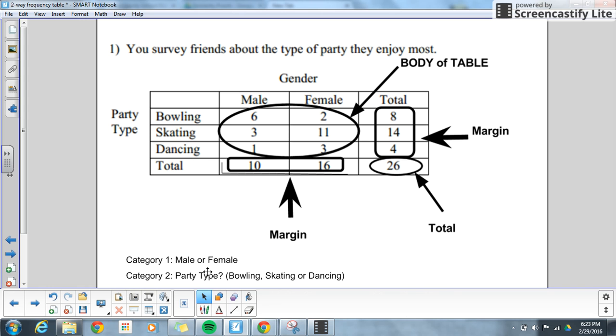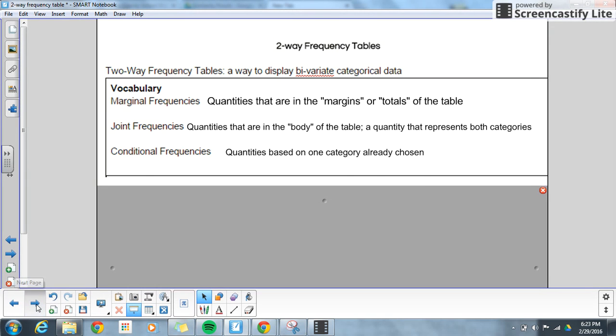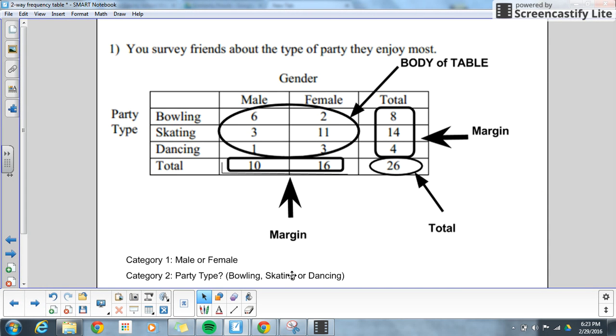All right, so let's look at our vocabulary words. The one in the oval here, the 6, 2, 3, 11, 1, and 3 is the body of the table. It's the body because it talks about both the male, female, and then what kind of party type they like. That's going to be a joint frequency.